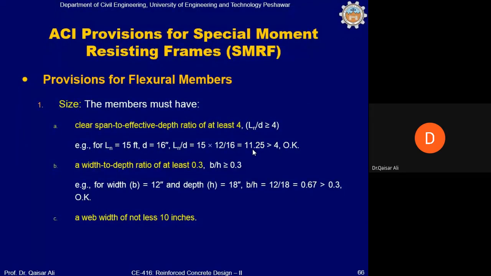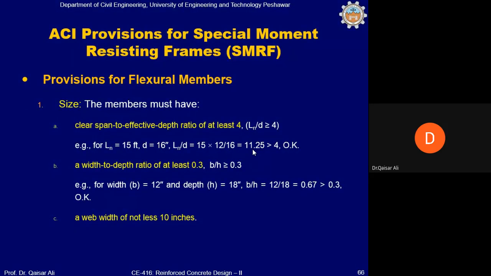For this reason, if the beam is too deep and too short, then it is very highly likely that the beam will fail in shear, and the ACI code with this provision wants to make sure that the beam does not fail in shear. So for a very short span beam, we would like to have a small depth of the beam in order to fulfill this provision of the code. Okay.